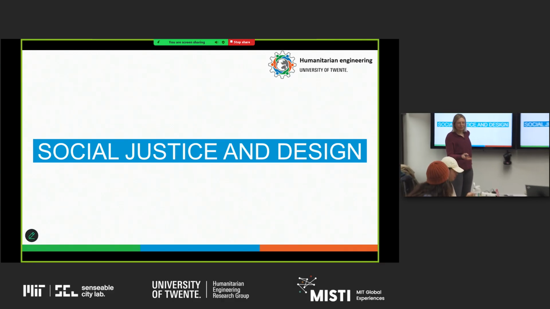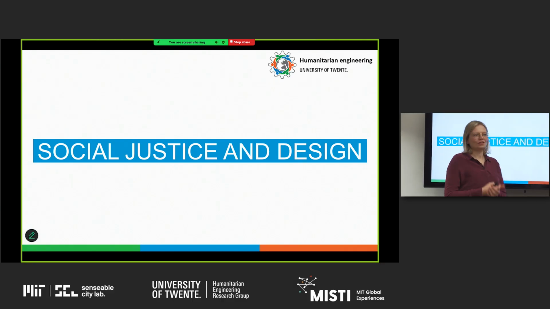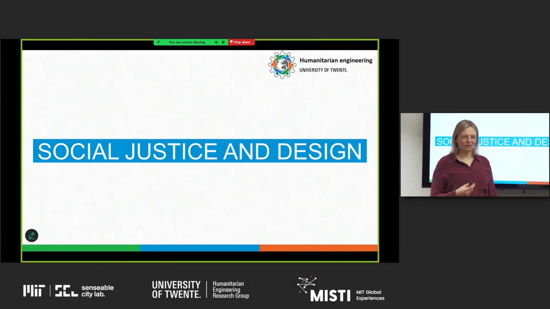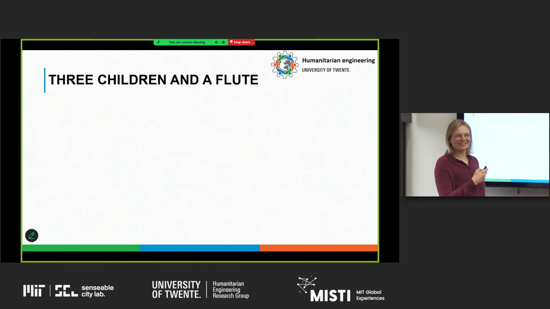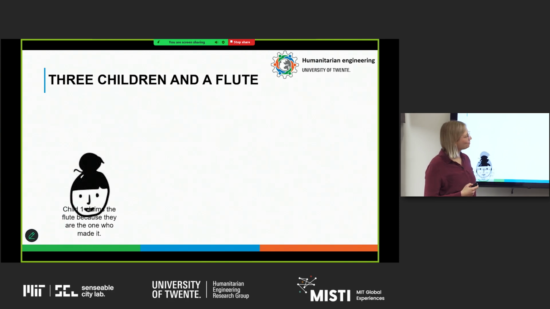So stepping back from the game, what you've learned about design for social justice, and also in the beginning, of course, I talked a little bit about what the concept entails for us. I'd like to continue with a very small thought process. Imagine we have the situation of 3 children, and there's only 1 flute.